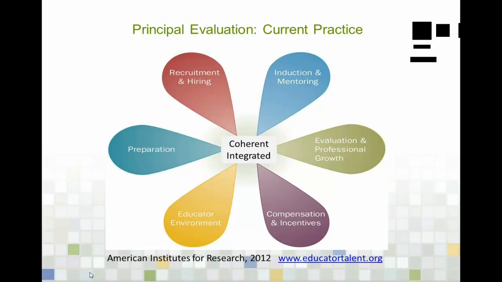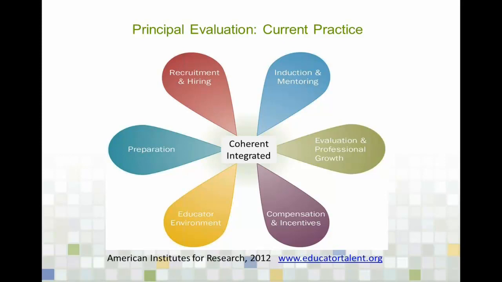And then finally, my colleagues and I think about evaluation, that's performance evaluation, and professional growth as really coupled together. That performance evaluation should be informing all of these human resource decisions and also informing the work of principals so that they're getting feedback on their practices.